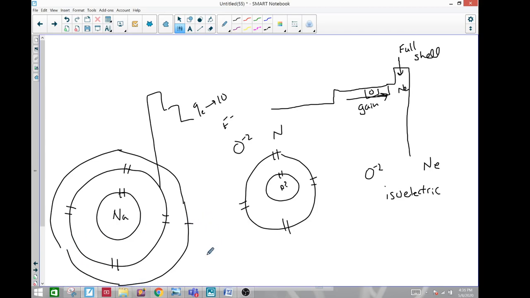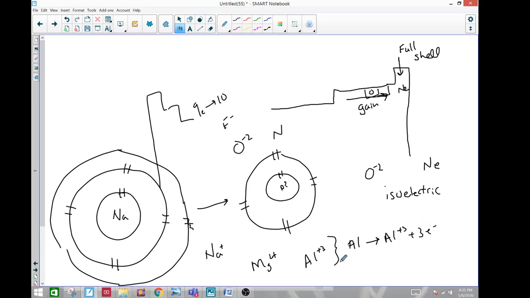But of course, Na plus 1 loses this electron, and now it looks just like that guy. So the same thing happens for magnesium 2 plus or aluminum 3 plus. For example, now these guys are all losing electrons. So when you lose, aluminum goes to aluminum 3 plus plus the 3 electrons it just lost.